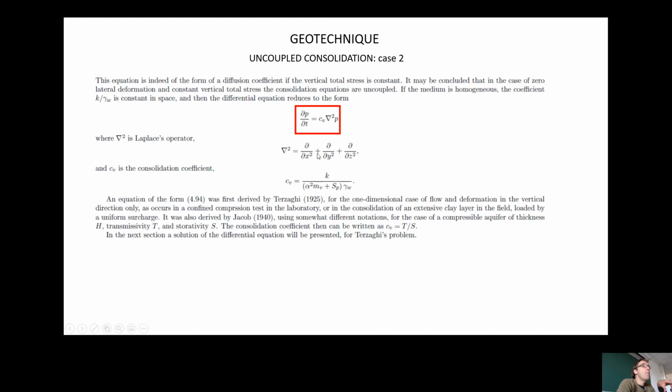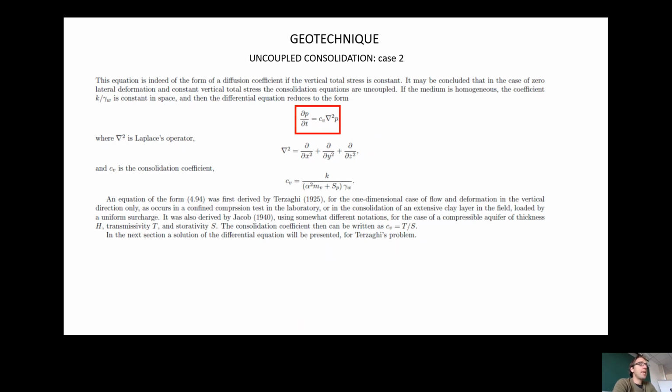It came again from this, where this is the Laplace operator of p multiplied by the consolidation coefficient, that is equal to the differential of p in time.